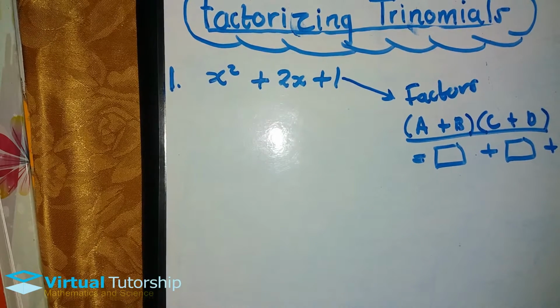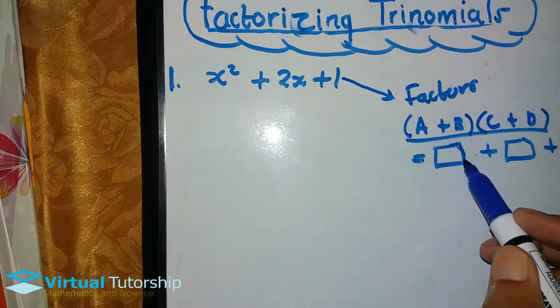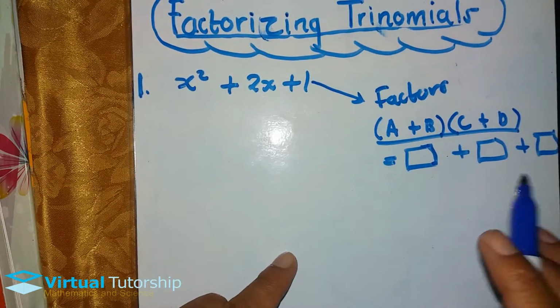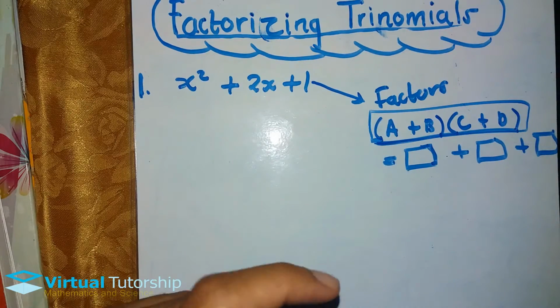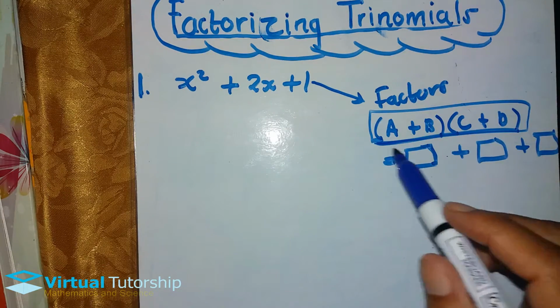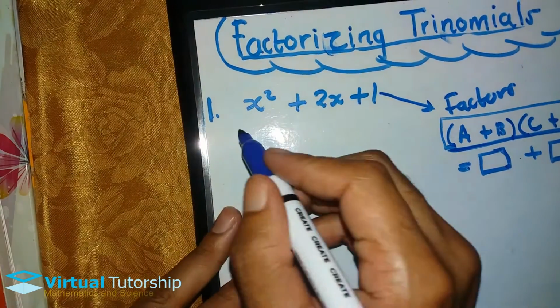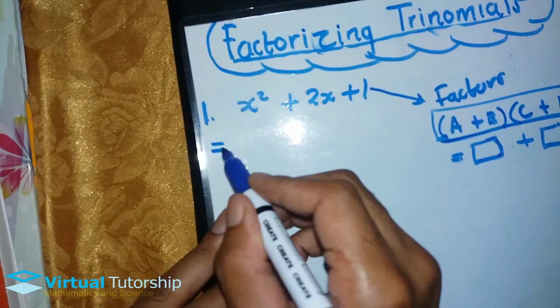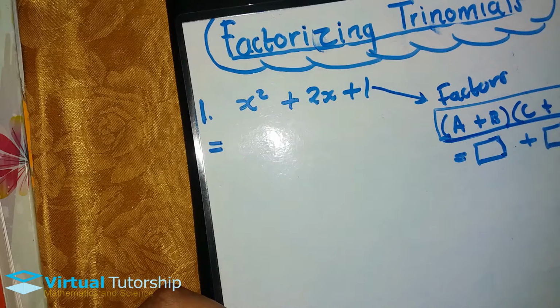So from the distributive law, when you multiply the factors, or multiply the binomials, it gives you a trinomial. Basically these binomials you multiply are the factors of that trinomial. So what we do whenever factorizing trinomials is sort of like a calculator backwards from the distributive law.